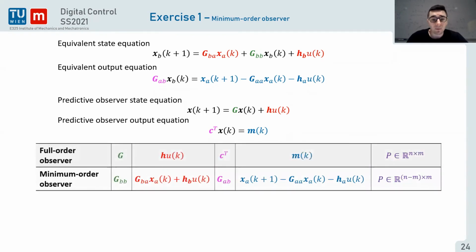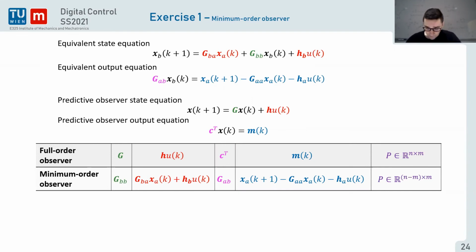We can just take a table and say J is now JBB, H u of k is now JBA xA plus HB u of k, and so on. We can just use some identification and reuse the proof from last time to design a predictive observer only for xB. And a predictive observer for a reduced state vector is called the minimum order observer.